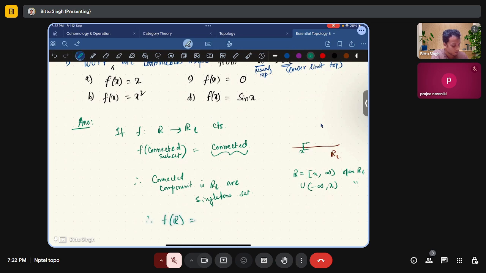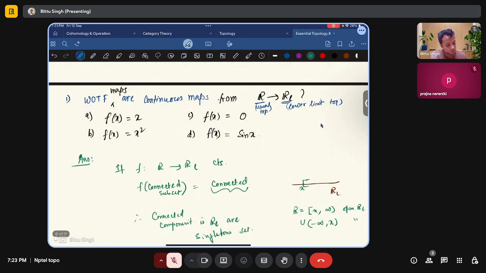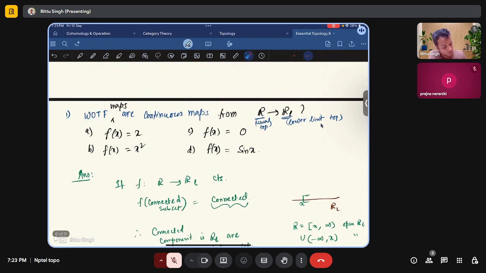But connected means a singleton set. So among these options, in which one is the image a singleton set? It is clear that except the option f(x) equal to 0, the image cannot be a singleton. For example, for sin x the image will be -1 to 1.